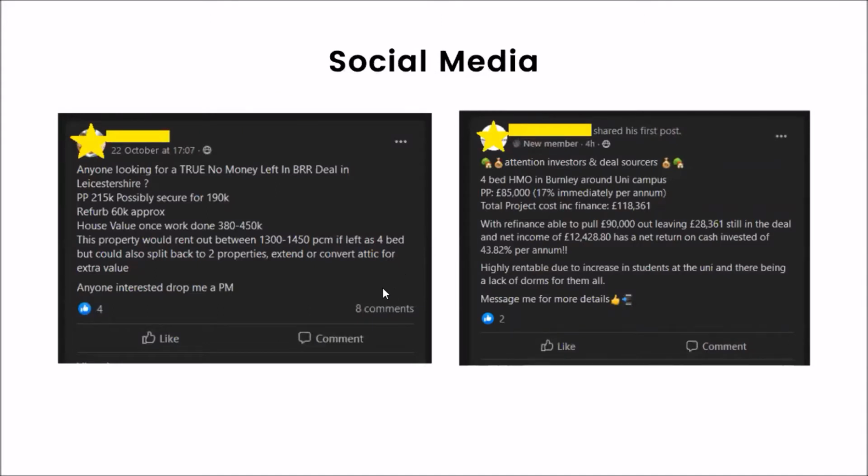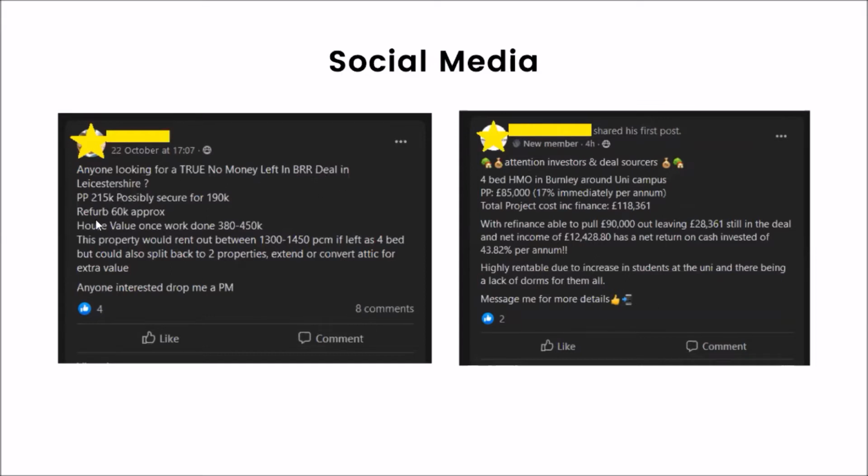Okay, so now we move on to social media. Here are some social media posts that I grabbed on Facebook, and I'm pasting them here to show you as an example. I've obviously covered up names and pictures. So we've got here on the left side, anyone looking for a true no money left in BRR deal. If you remember your acronyms, BRR is buy, refurbish, and refinance.